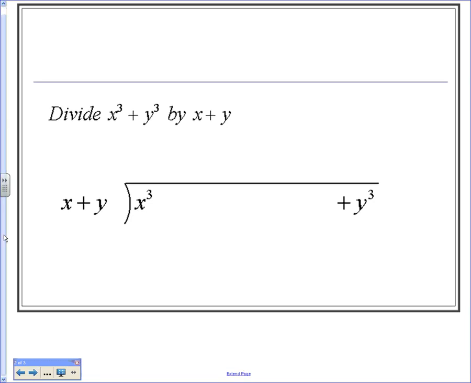All right, so we are dividing x cubed plus y cubed by x plus y. The x cubed plus y cubed goes in the little box, the little house, and the x plus y goes on the outside. How do we figure out what goes right here?